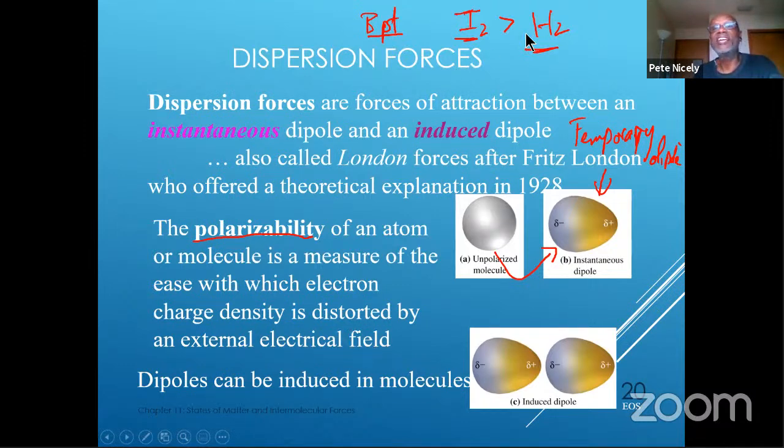As I was mentioning here, iodine has a higher boiling point compared to hydrogen, because even though both molecules are nonpolar, iodine is larger in size and more polarizable, so the dispersion forces between iodine molecules will be greater compared to hydrogen. That's why iodine will have a higher boiling point compared to hydrogen, all right?